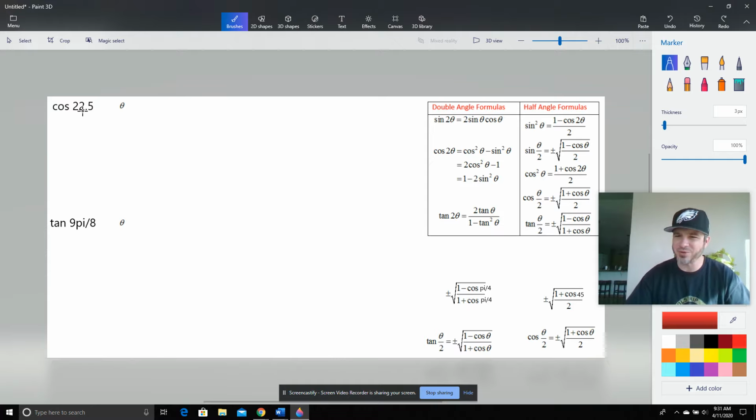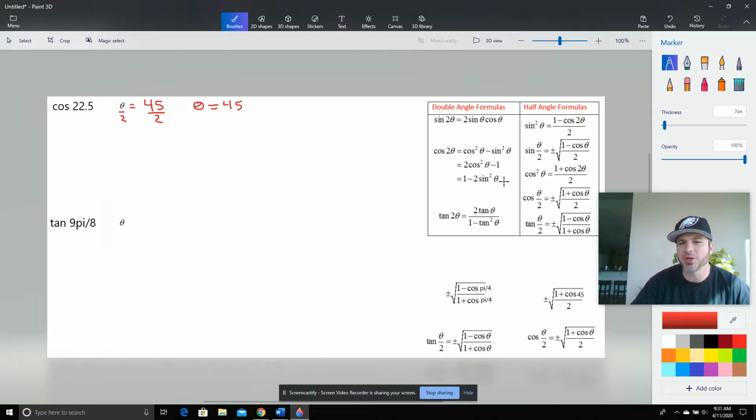Well, there's no way to make 22.5 with addition and subtraction of angles that we like. So this one is a half angle formula where we're saying, hey, 45 is a sweet angle, and 45 divided by 2 is 22.5. So what we have here is a theta divided by 2 on each side. So what we're saying is that our theta is 45 degrees.